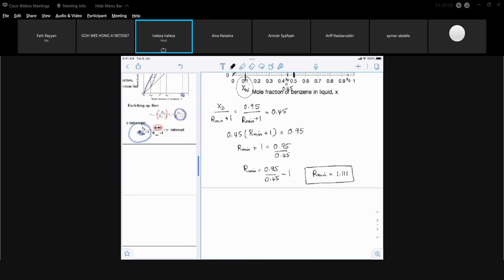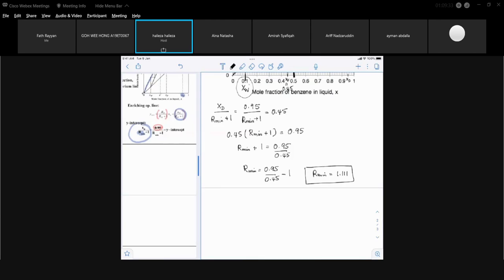And normally the distillation column will operate between 1.3 to 1.5 times the R min value. So let's check what is the answer in the textbook. The textbook gave a value of 1.17. That's not too far off, 1.17, and what we got is 1.111. So that's about the same.